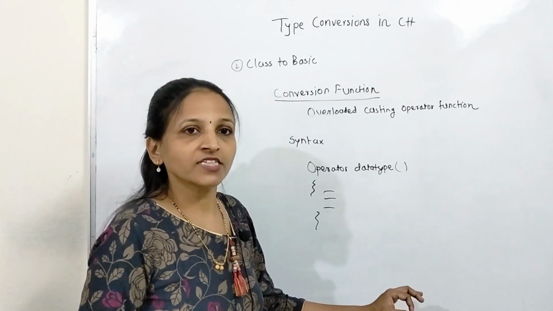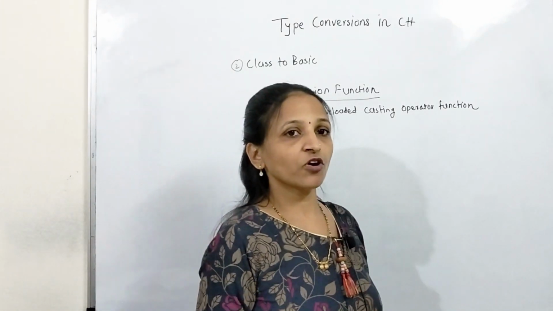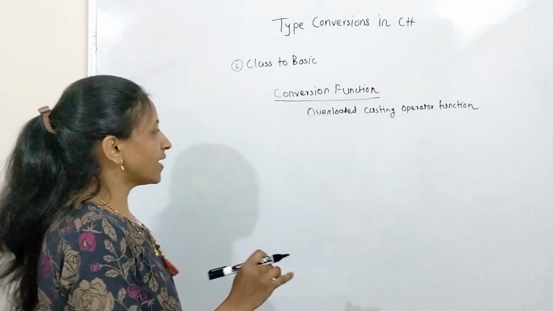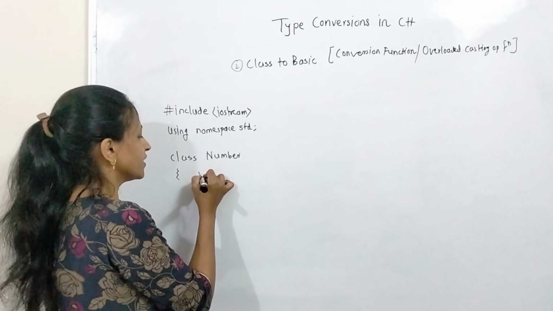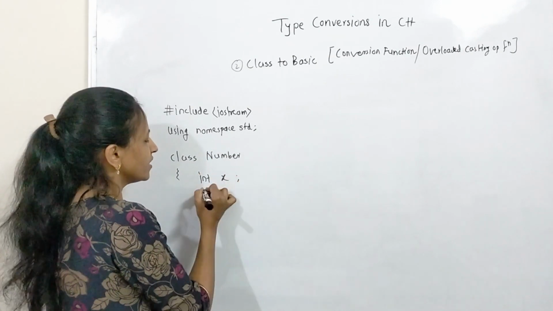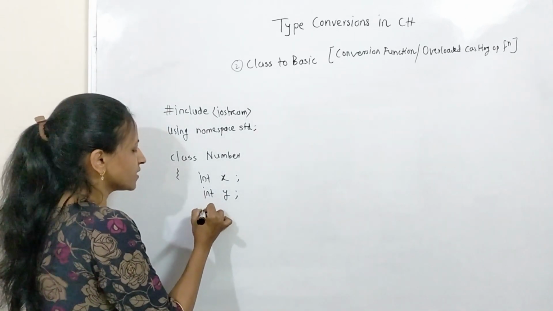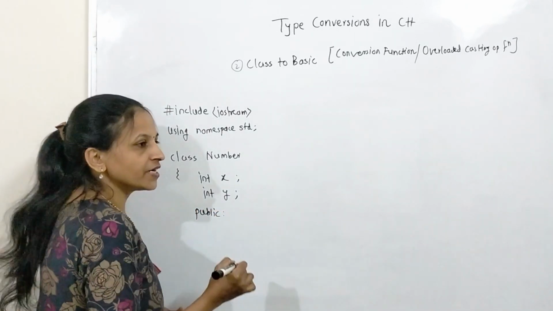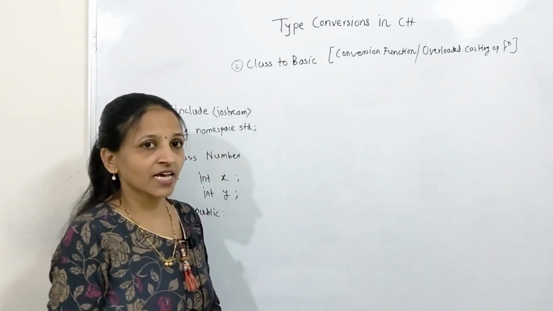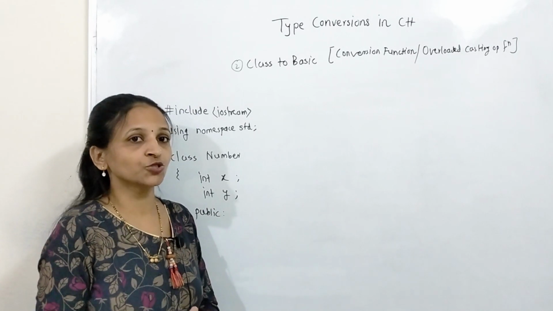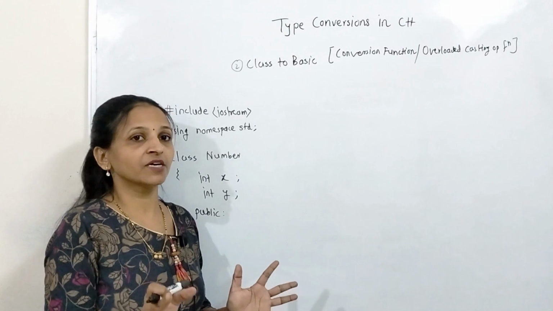Now how to write this? For that I am going to explain one program. Consider the same example we saw in the last session, that is the number class. Class number, integers x and y. Inside the public section we write a simple parameterized constructor to initialize the data members of that class, but here our purpose is just to initialize the data members of that object, not type conversion.